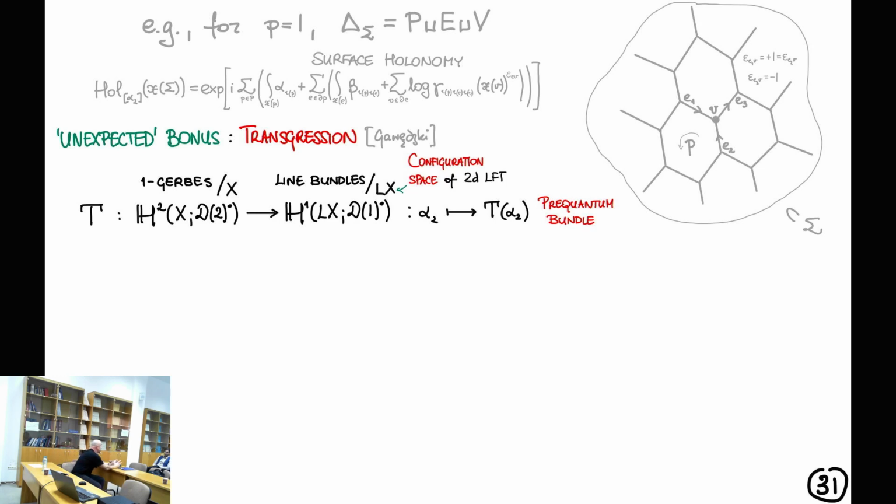So to any Lagrangian field theory, you have a presymplectic form. And if you have a line bundle over the configuration space of your Lagrangian field theory, and this line bundle comes with a connection whose curvature is the presymplectic form of your field theory, then you have pre-quantization. First step towards geometric quantization.